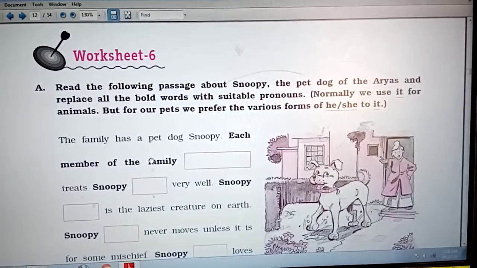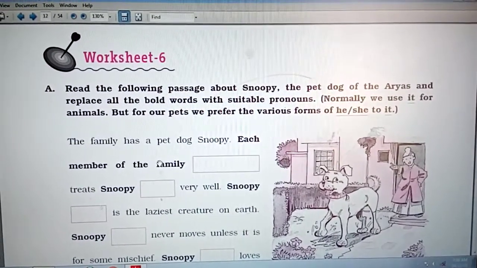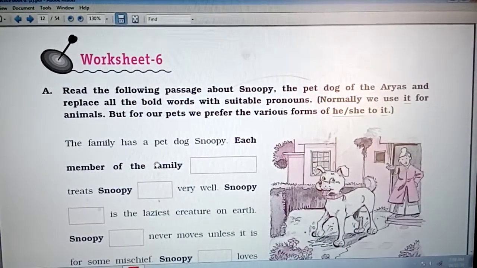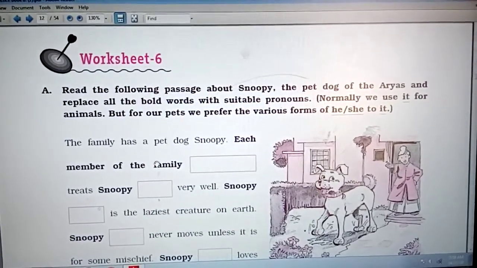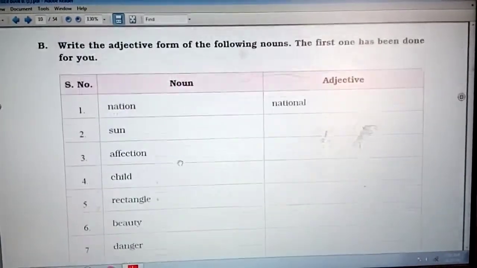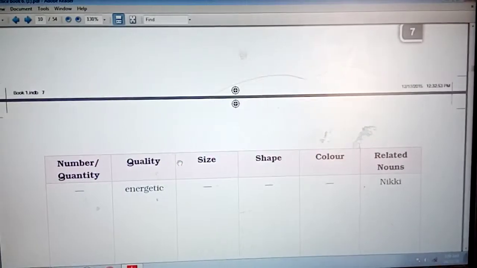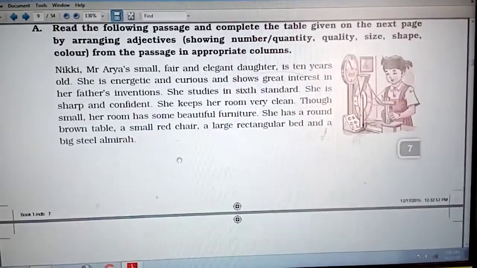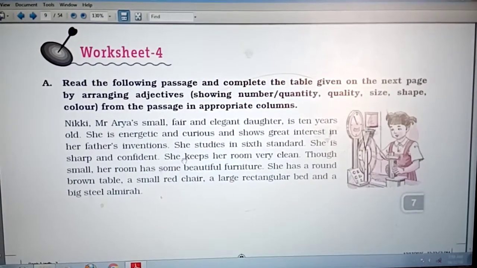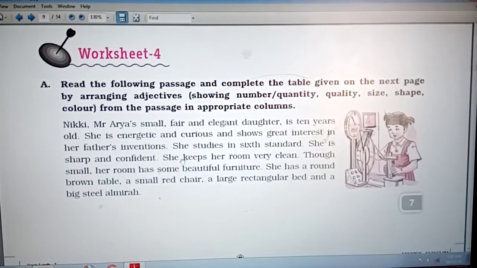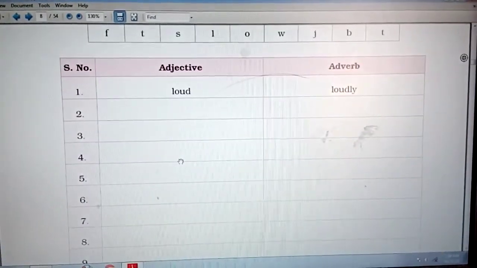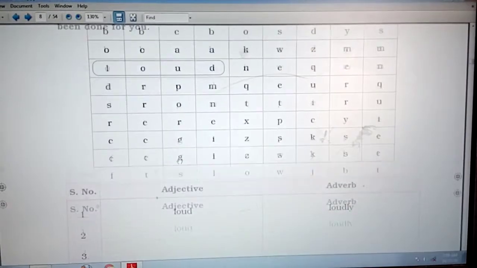In the previous class, we studied adjectives and adverbs, in which we studied how to find the adjectives from the given paragraph and how to convert adjectives into adverbs using suffixes.